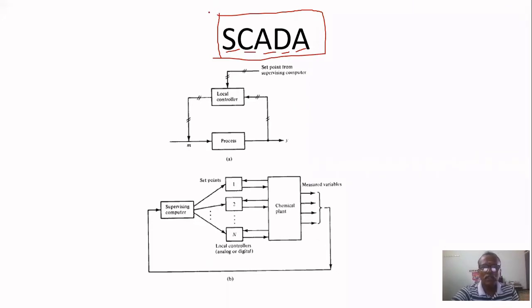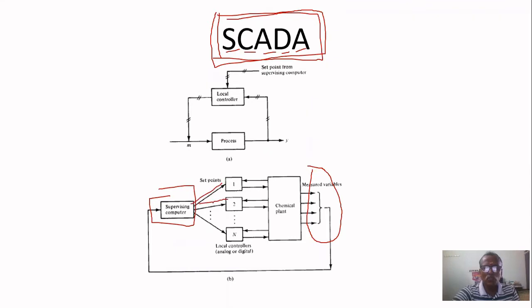So the immediate requirement is that at the control room, all process variables have to be recorded. At the same time, from the control room, instead of going to every controller, we can set the set point for each control remotely.